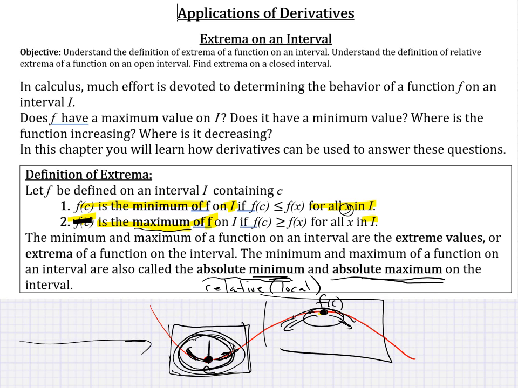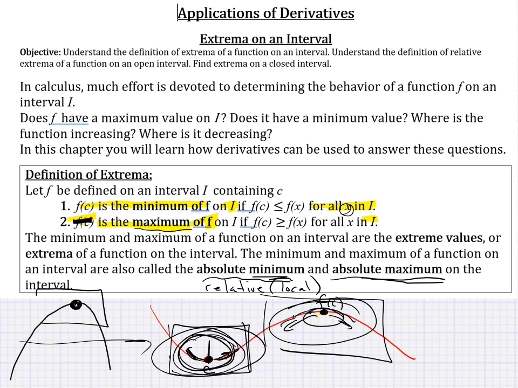And so are we talking about the highest point overall or just the highest point in this particular location? And that would be absolute versus relative. Now sometimes if you have a function that looks like this being a maximum point, while it is a local or relative maximum in this area, it is also the absolute maximum for the entire graph. So, the difference between relative and absolute, there is a difference, but sometimes you can be both.